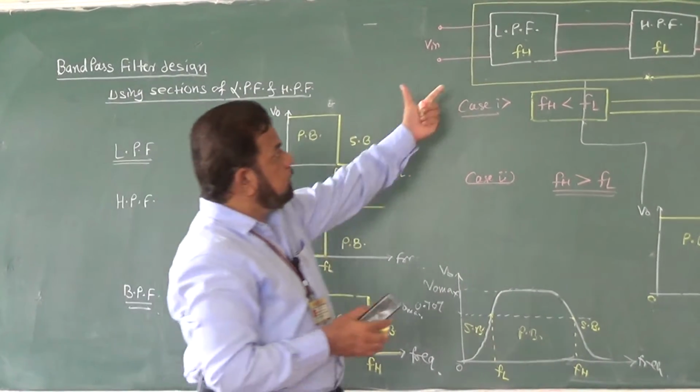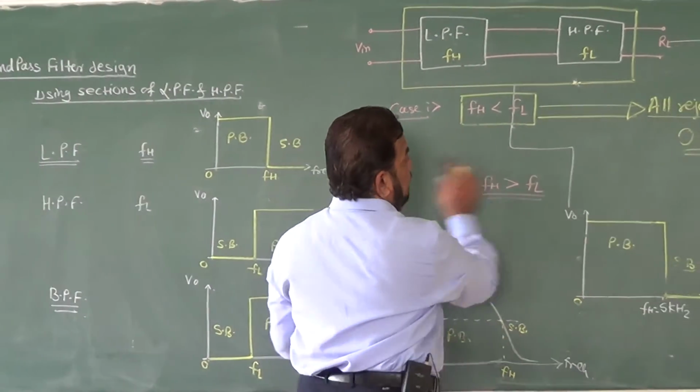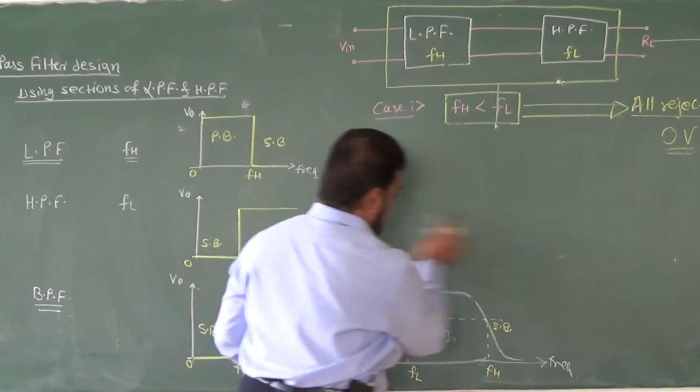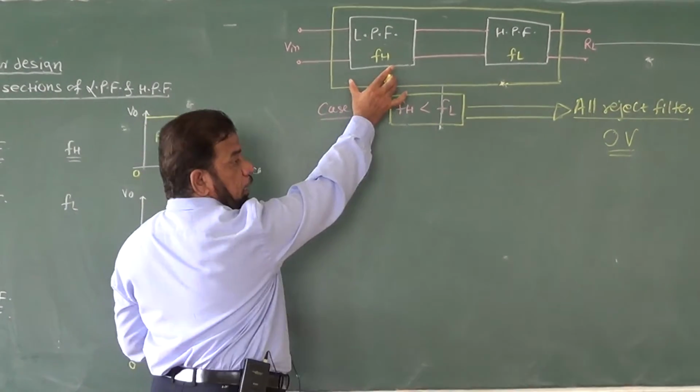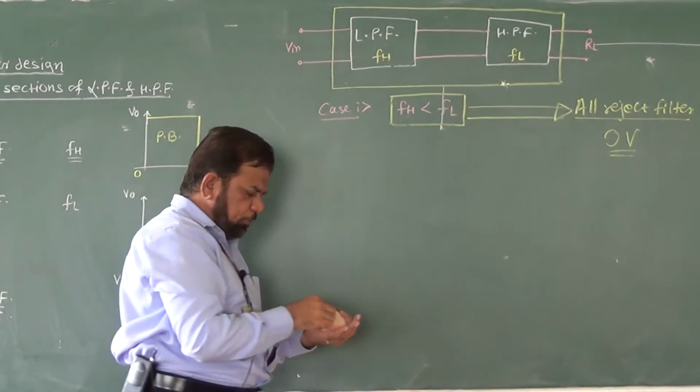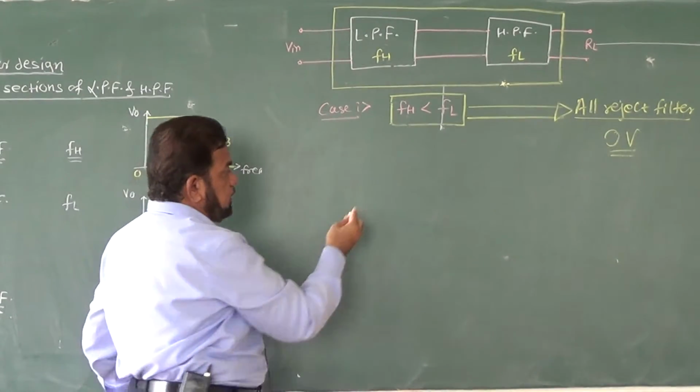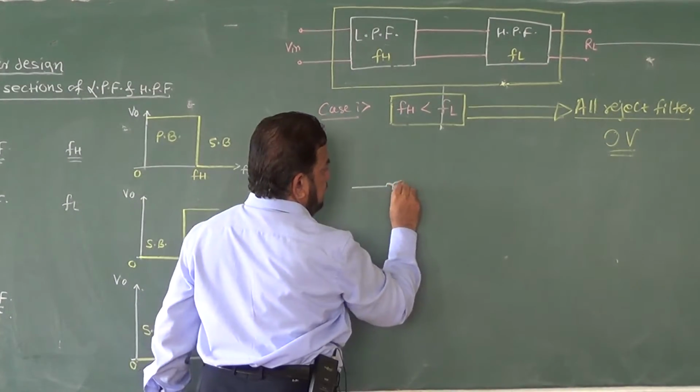And already we have designed these individual sections. For example, what is the circuit diagram? That circuit diagram is a low pass filter followed by high pass filter. So if you work with the T section, your T section filter is like this way.